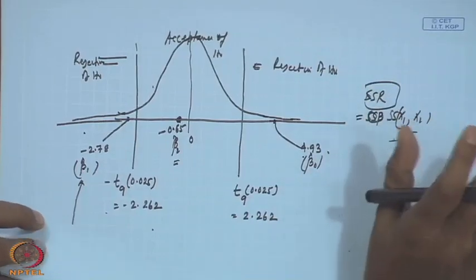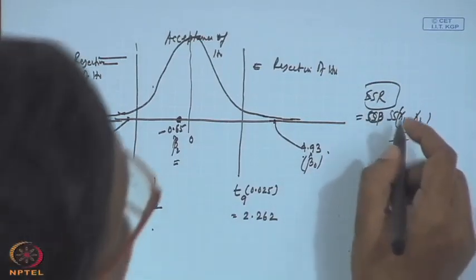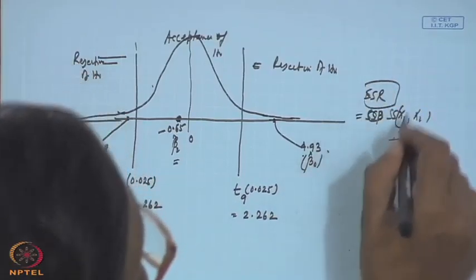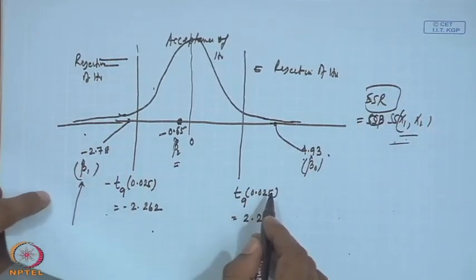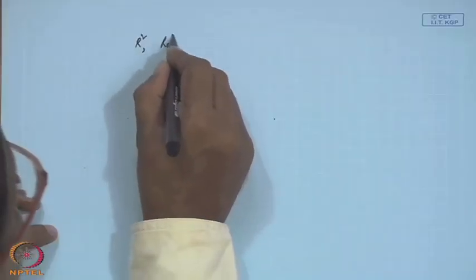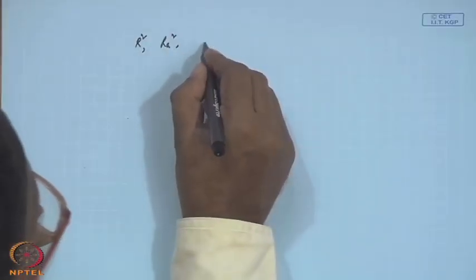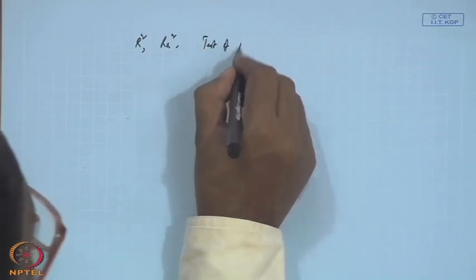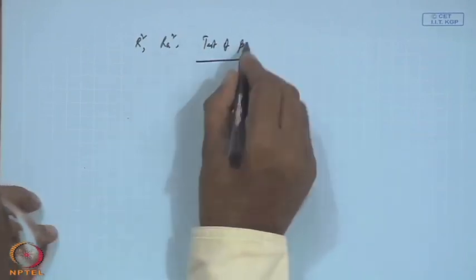Actually, in regression we hardly require this thing, we require these beta values. So, this is what our parameter test is.